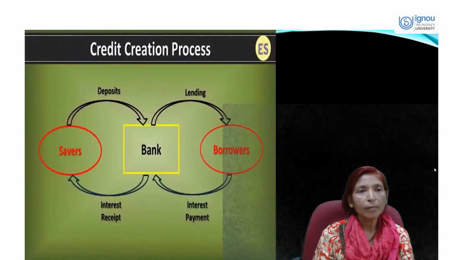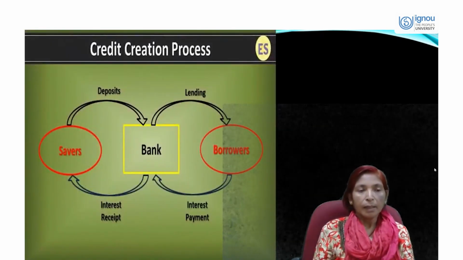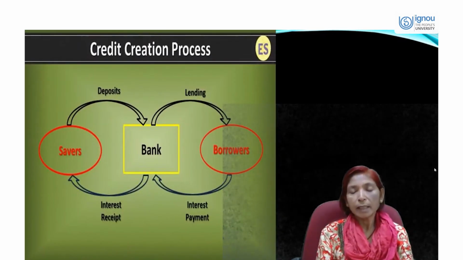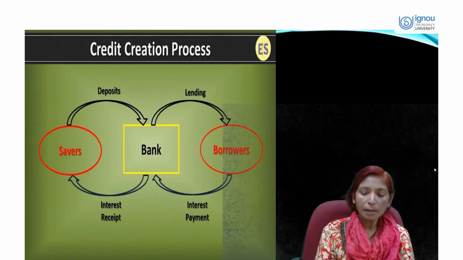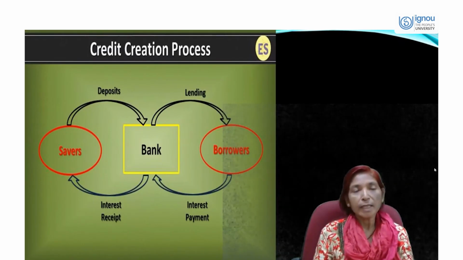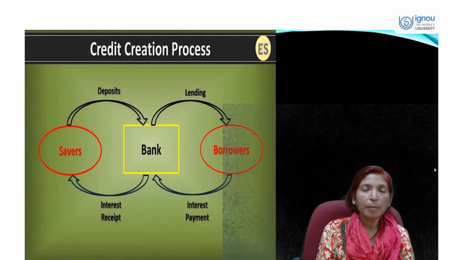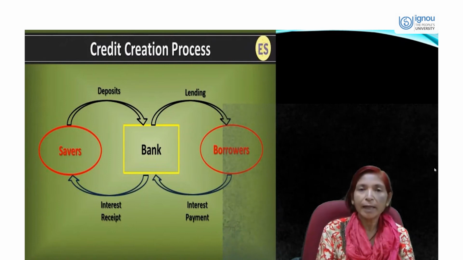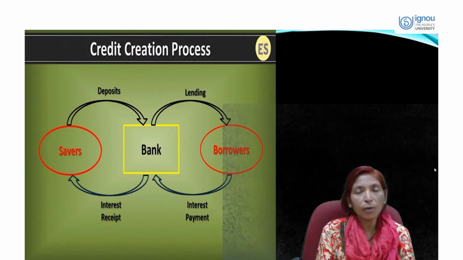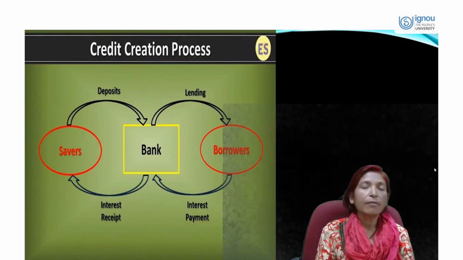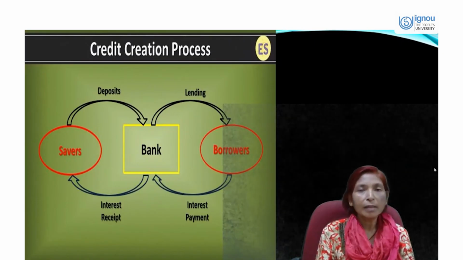Now next is the credit creation process that commercial banks can create, and some other assumptions we can also criticize. Fisher assumed that P is a passive factor. At present P is not a passive factor, it's an active factor, and P plays a very important role in affecting demand and supply of the commodity. And Fisher assumed that there is a long run time period and full employment always exists.